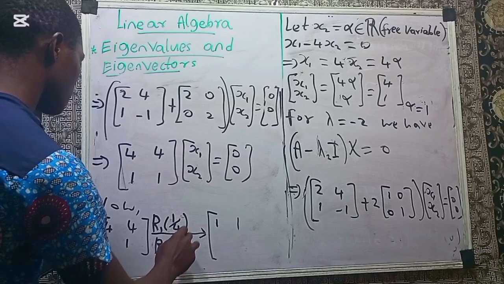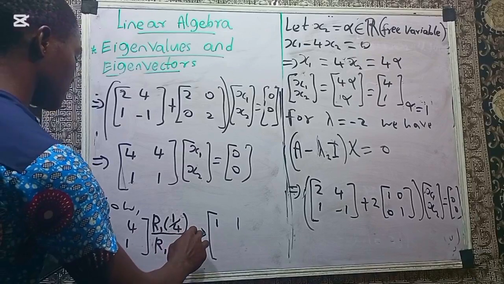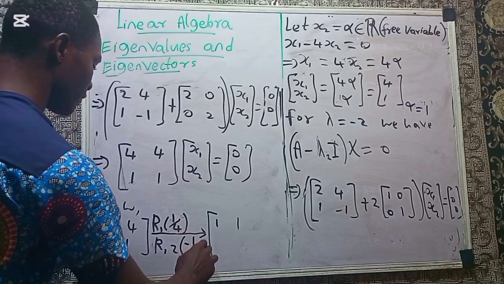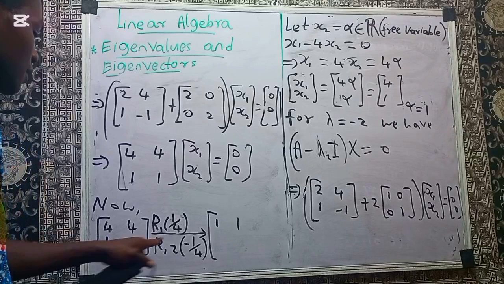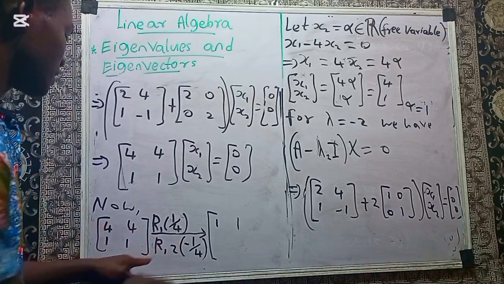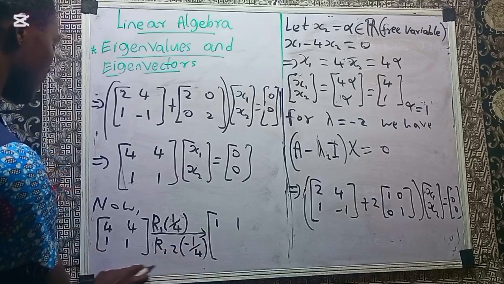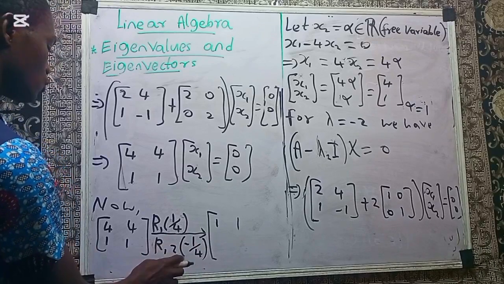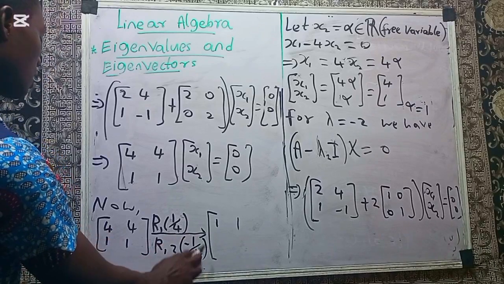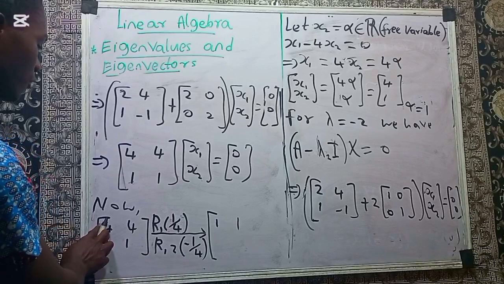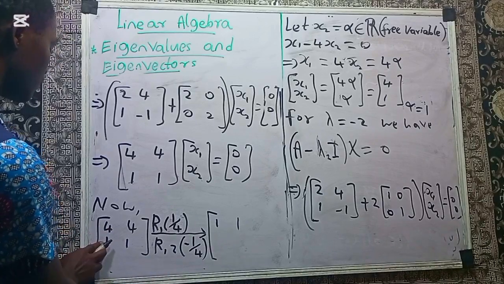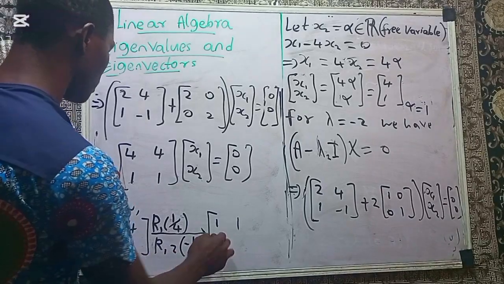So row 1 multiplied by negative 1 divided by 4, right? I'm multiplying row 1 by negative 1 divided by 4, and adding the result to what? Row 2. So let's do that. Negative 1/4 multiplied by 4 will give you negative 1. Negative 1 plus positive 1 will give you 0.